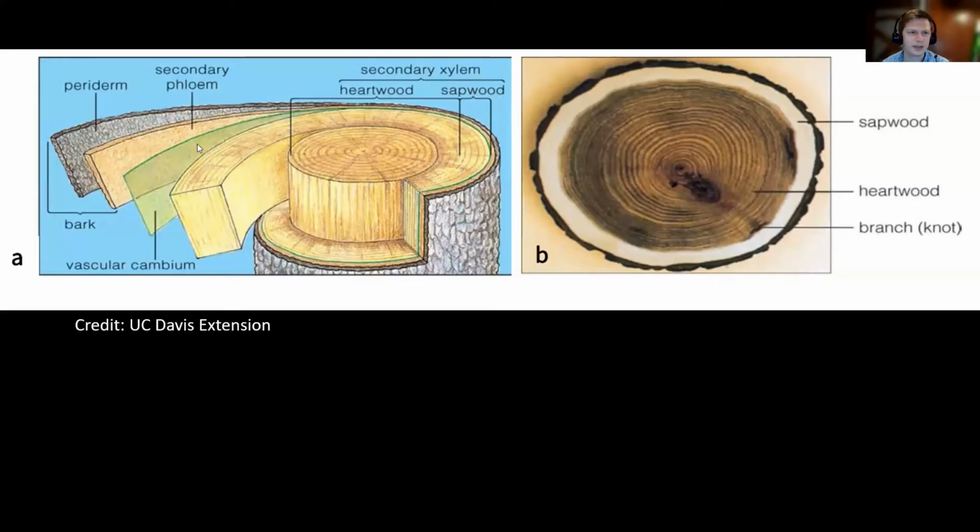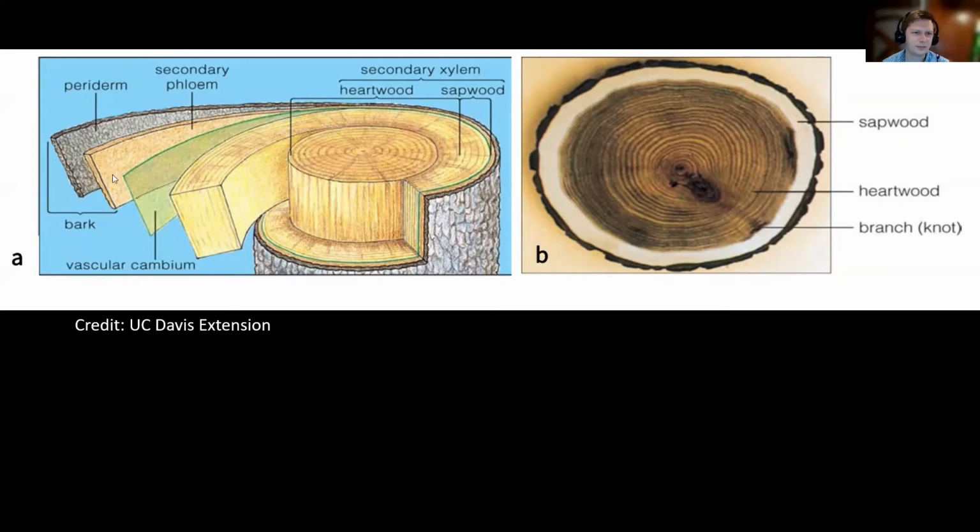The next big thing, where the magic of tree biology really occurs, is the vascular cambium layer. It provides the separation between the xylem and the phloem, and it's where trees are able to keep growing, by widening it, which focuses the growth for both the xylem and the phloem.